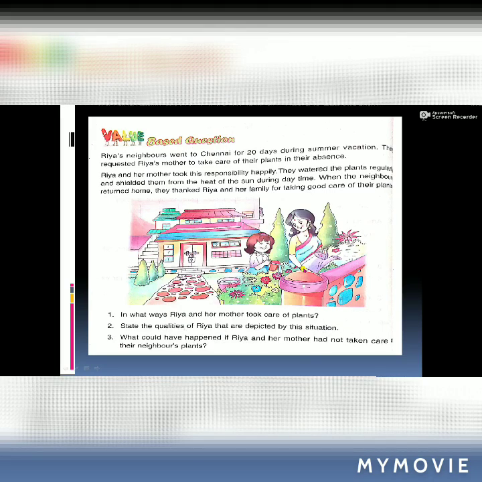Now, children, you have to see the value-based question that is in your book. You see that at the end of every chapter a value-based question is given.